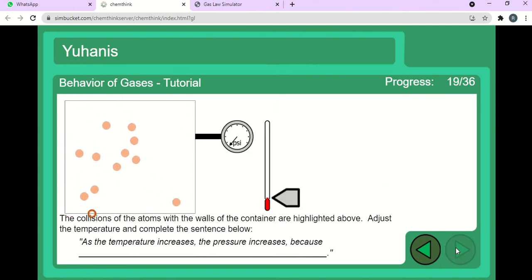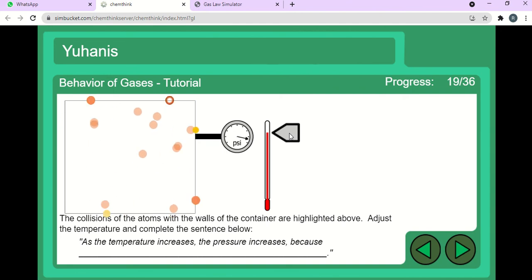The collisions of the atoms with the wall of the container are highlighted above. The collisions between particles and the wall are what is highlighted. If we increase the temperature, there are more collisions with the container wall. So as the temperature increases, the pressure increases because the collisions between particles and the walls of the container also increase.